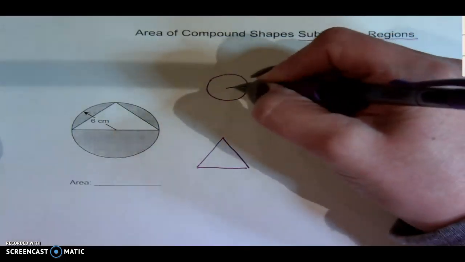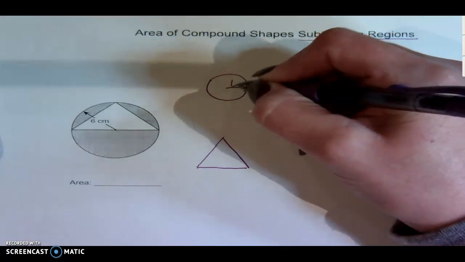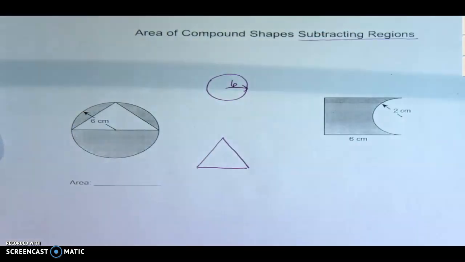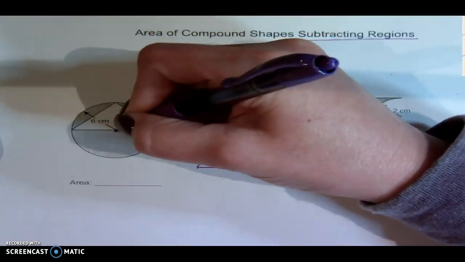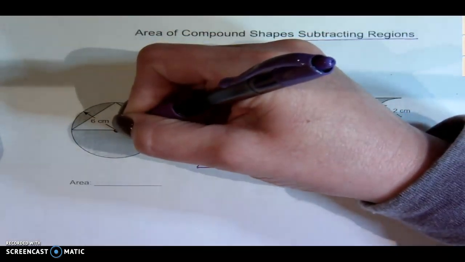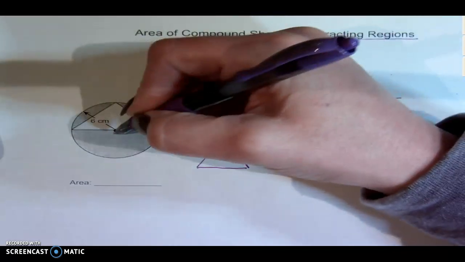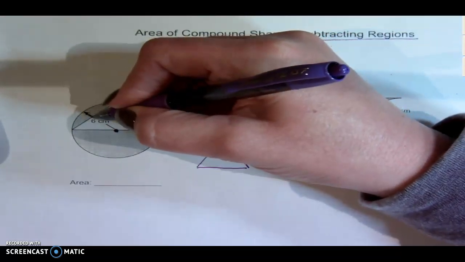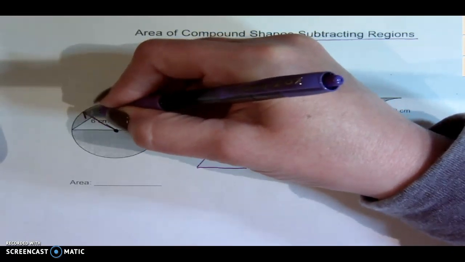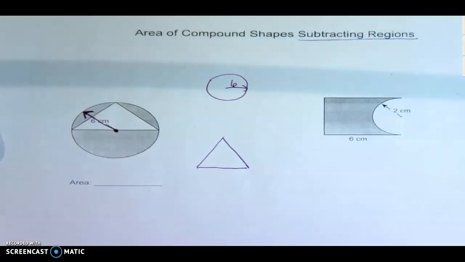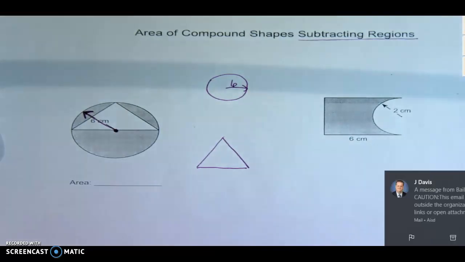Our circle has a radius of 6 centimeters. You might say, well, how do I know this? I am using this measure right here. This is my line segment that goes from the center to the outskirts of my circular shape. And that is the measure of radius.